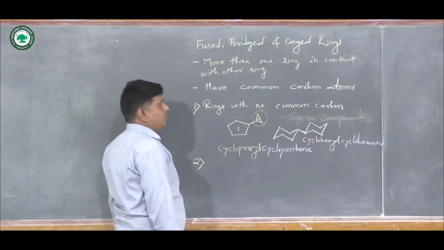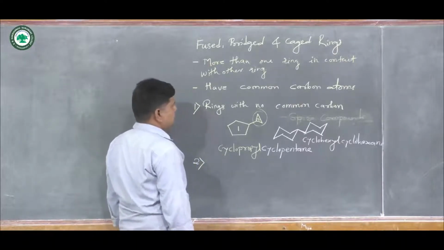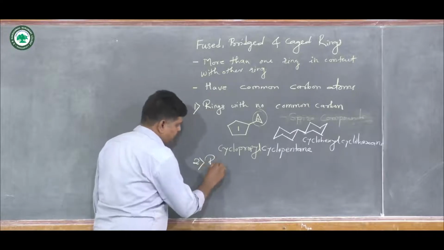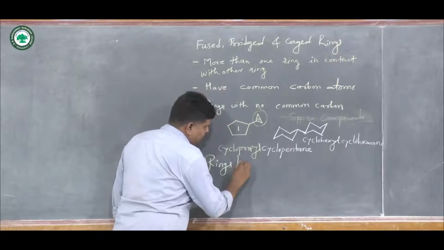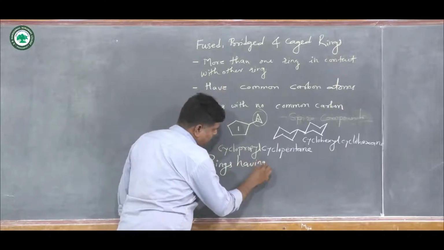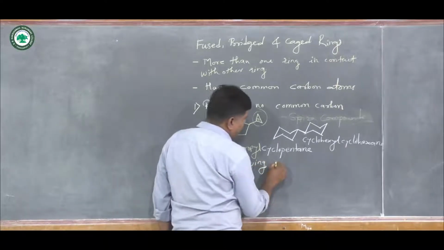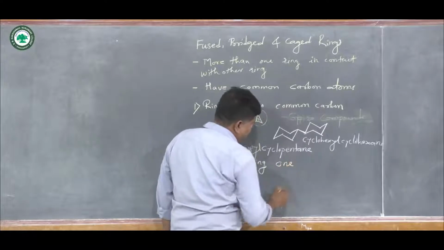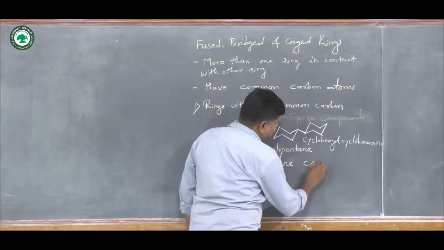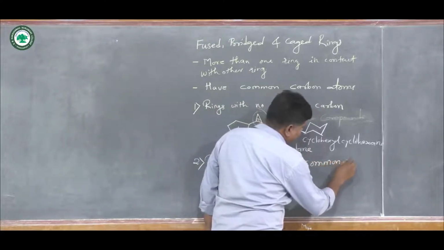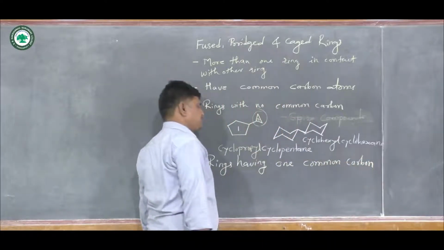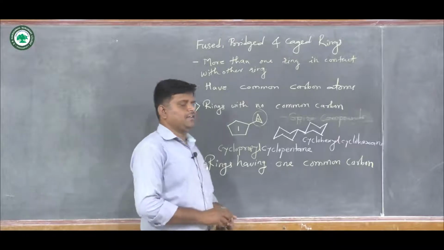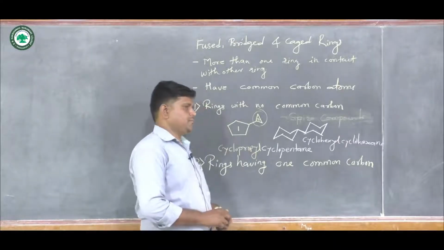The second type of rings is rings having one common carbon atom.